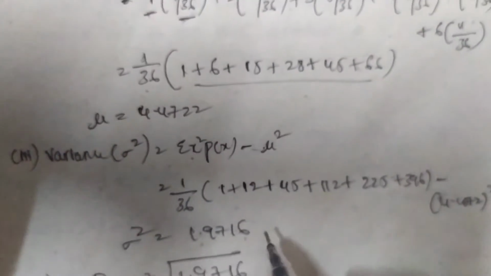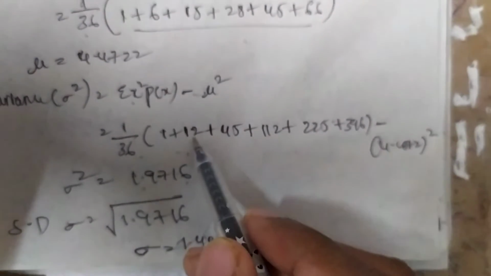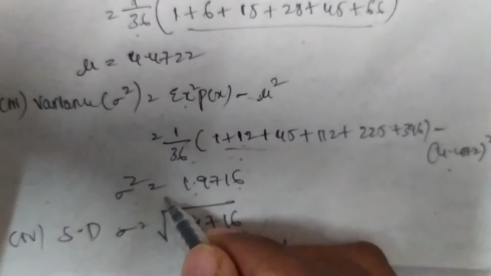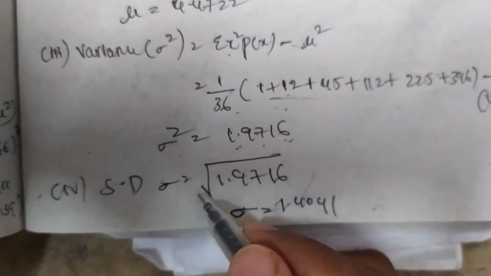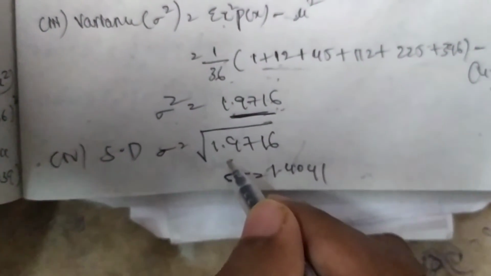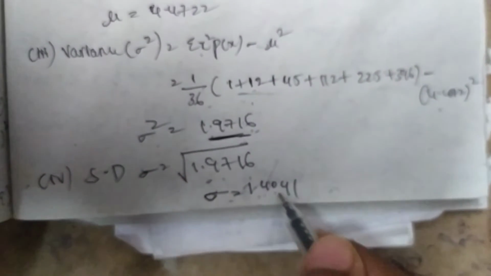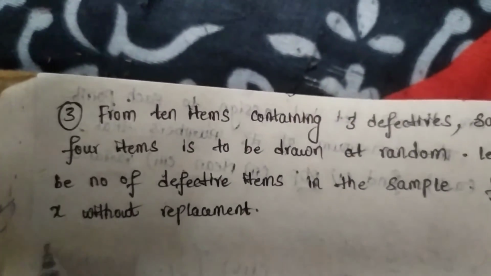Here we take 1 by 36 common, calculate all this and subtract mu square. We get the sigma square value as 1.9716, whereas the standard deviation sigma is the square root of sigma square, that means square root of 1.9716, which gives a standard deviation of 1.4041.